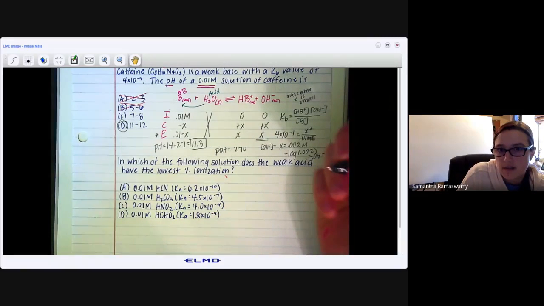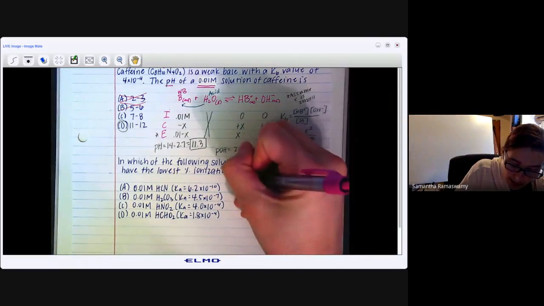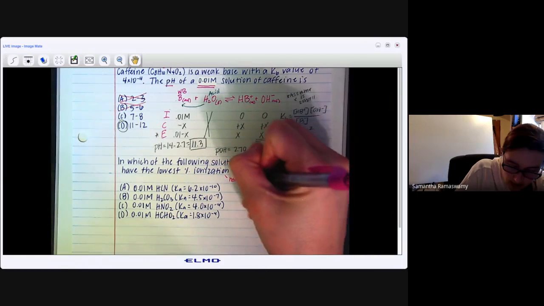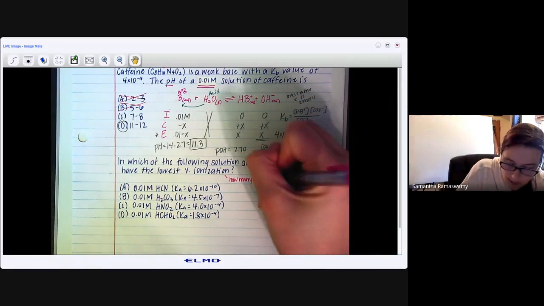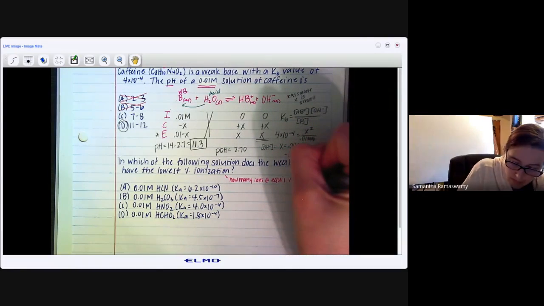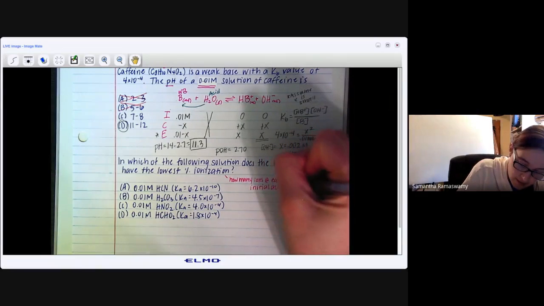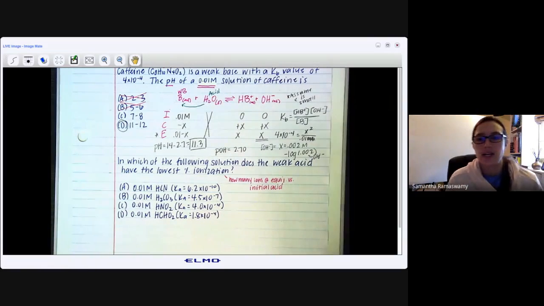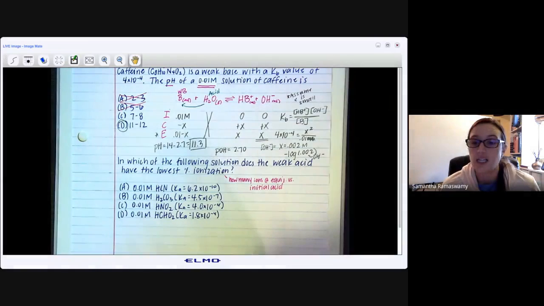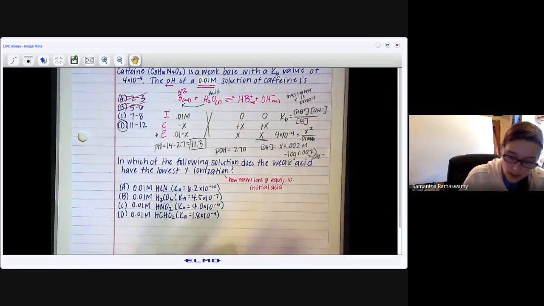You're looking at how many ions at equilibrium versus the initial acid. So how many ions do you have at equilibrium versus the initial amount of acid? That's percent ionization.